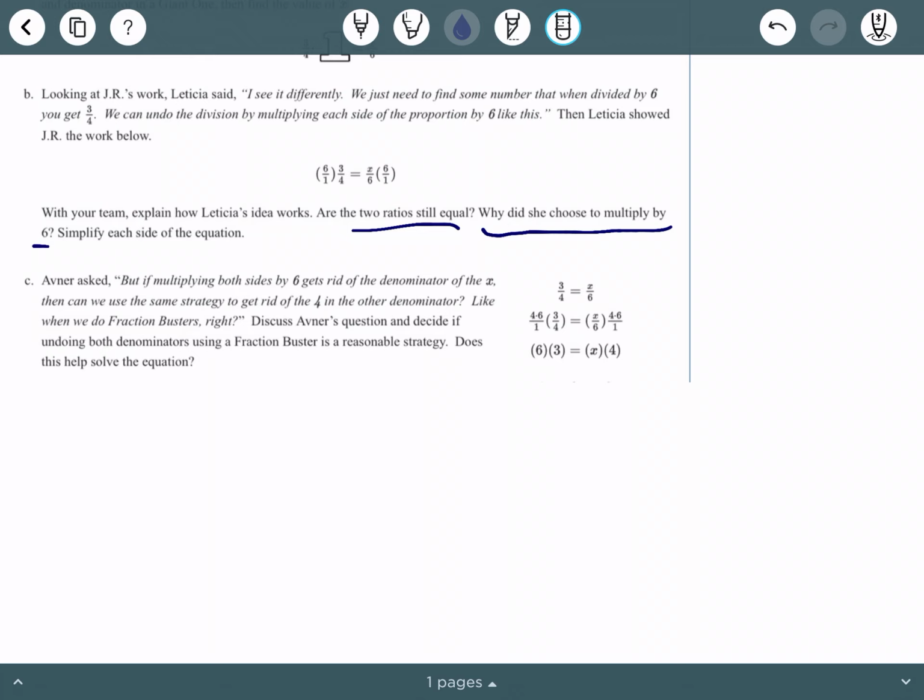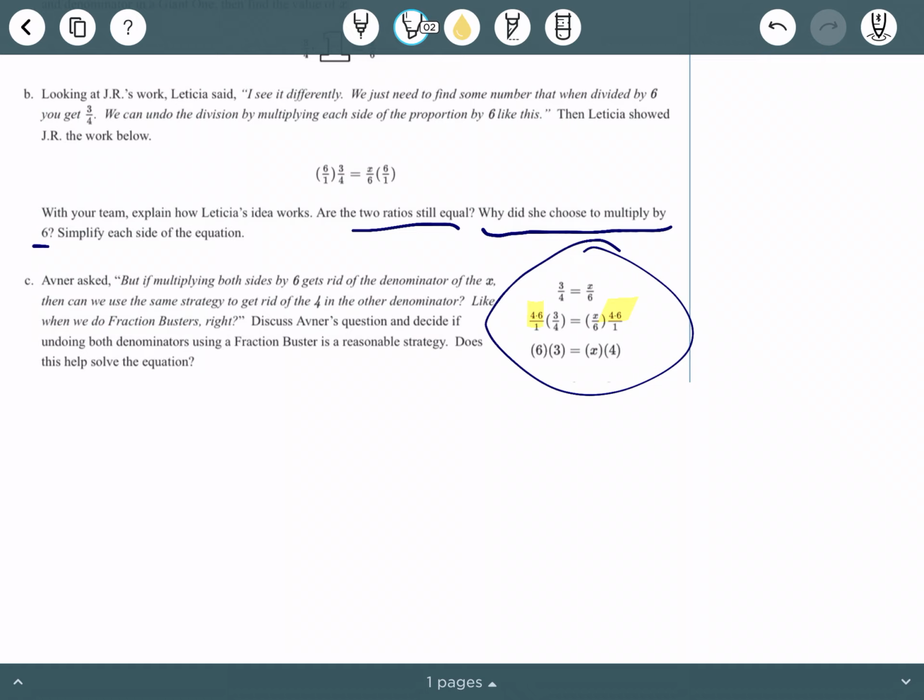All right, so let's see. If we look at Avner's work, right here he has 3/4 equals x over 6, and he is multiplying by both denominators on each side. So basically what Avner did here, you can see he has 4 times 6 over 1 and 4 times 6 over 1 here.